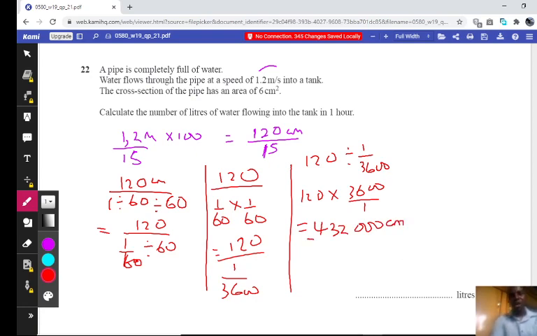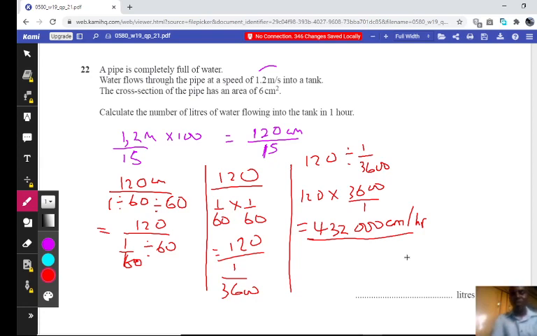This one will be centimeters per hour. Please take note of that. But what you want is the volume. How do you calculate volume? You say cross-sectional area times length, or height.